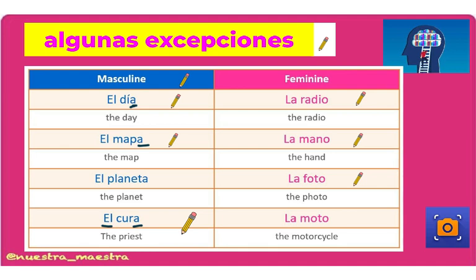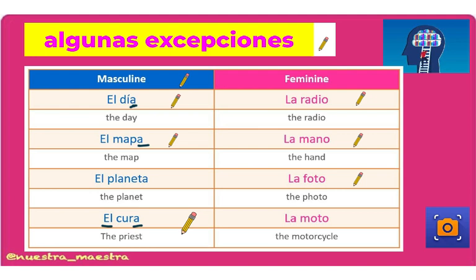Let's take a look at some feminine nouns and articles. Radio, la radio. La radio refers to the radio, but as in the radio station, as in turning on the radio. When we're talking about the device, it is el radio. That's another example where the article changes what the word means.